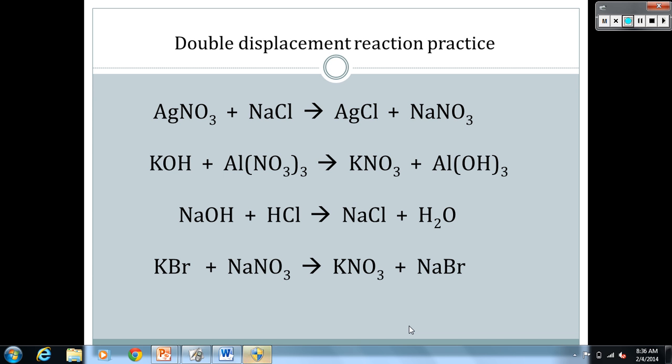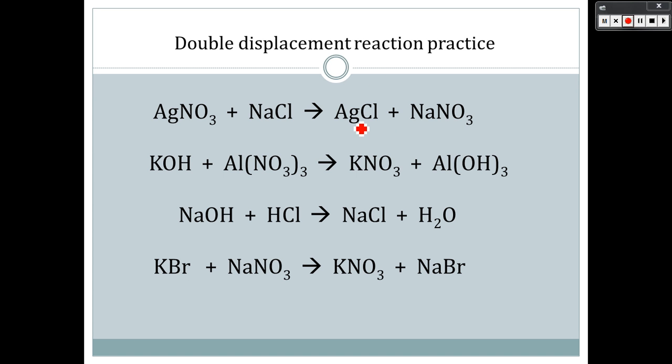All right, so equation number 1 would actually happen, because the chlorides are always soluble except when they're bonded to silver. So this here would be a solid.